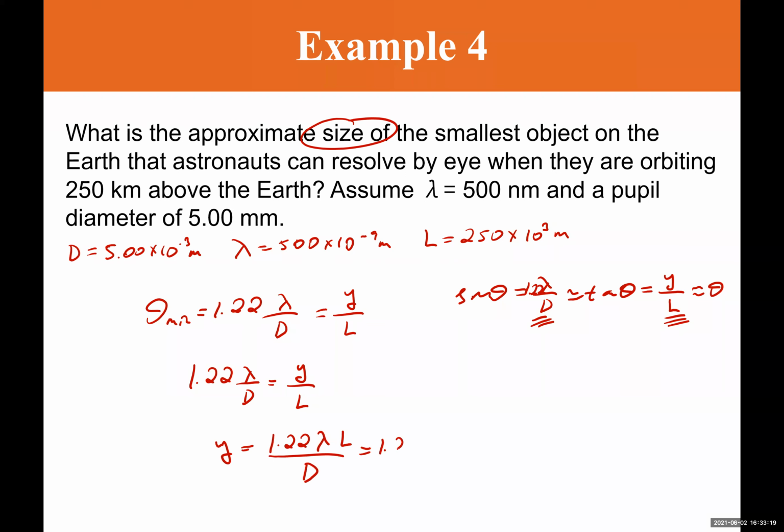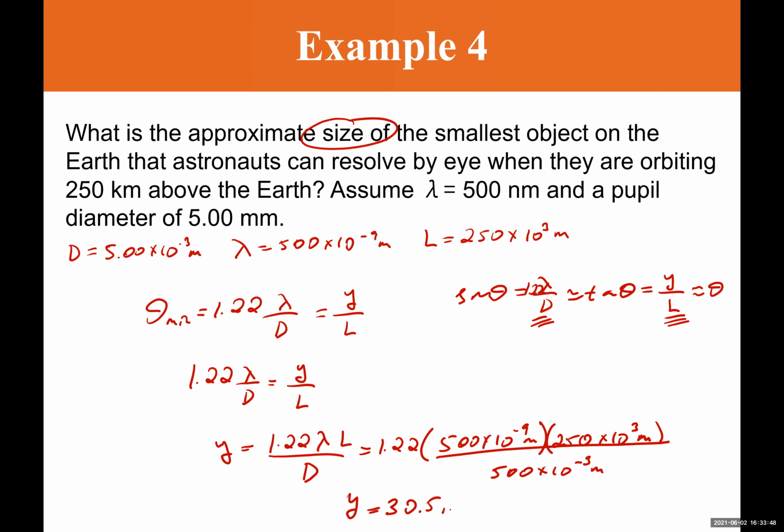Okay, then 1.22 times 500 times 10 to the negative 9 meters, times the length, which is 250 times 10 to the 3 meters, divided by the diameter, which is 5 times 10 to the negative 3 meters. Okay. So we can calculate y to be 30.5 meters.